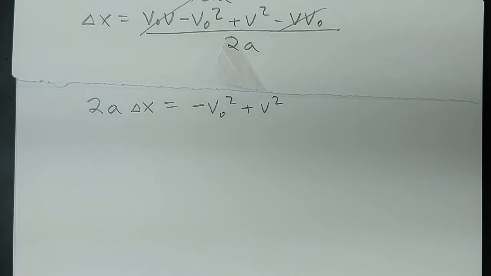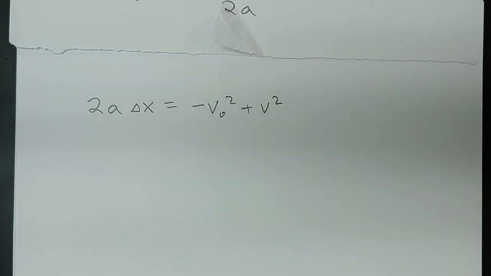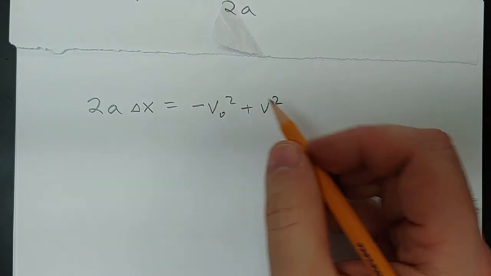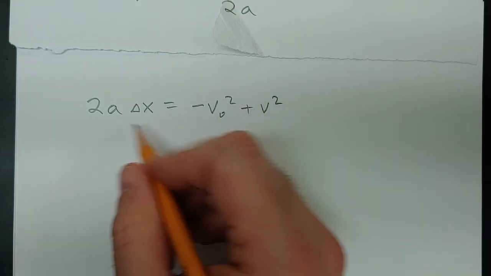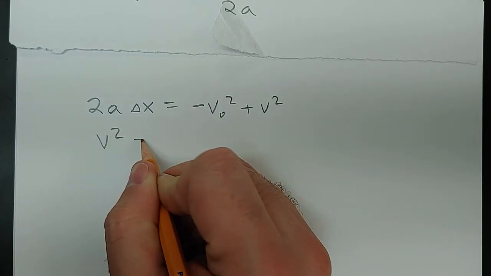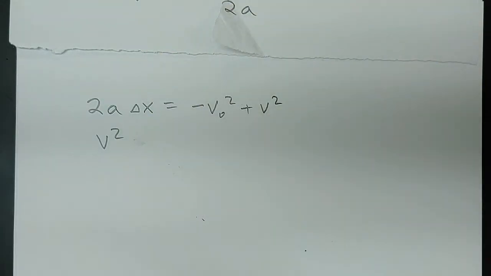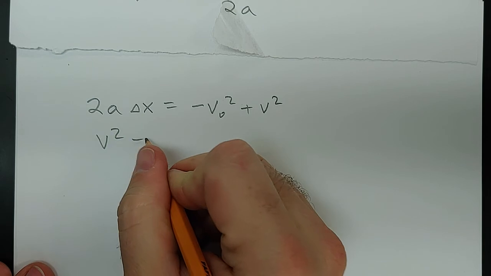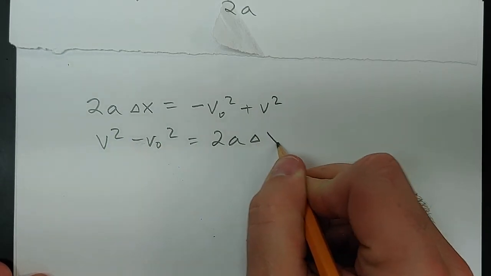And then the last thing I'm going to do is just rearrange this a little bit so that I don't have any minus signs. And so I'm actually going to flip it around too. So V squared minus V naught squared equals 2a delta x.